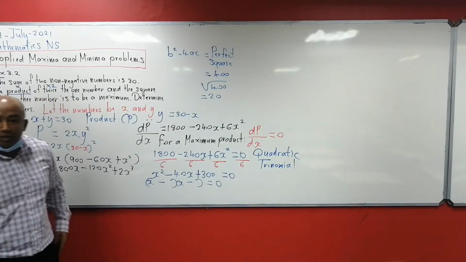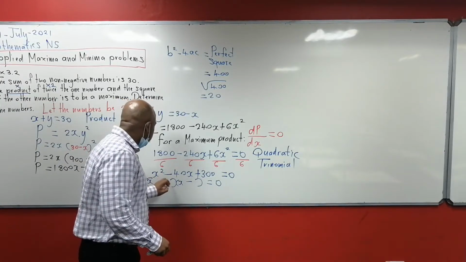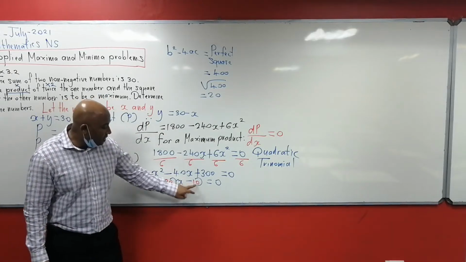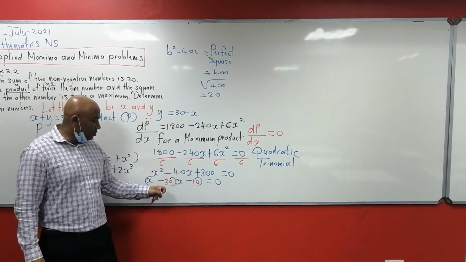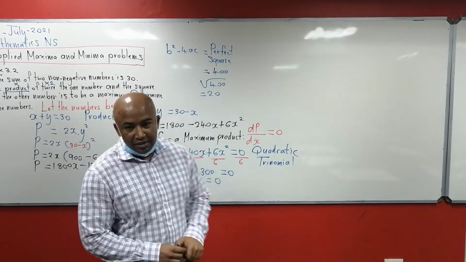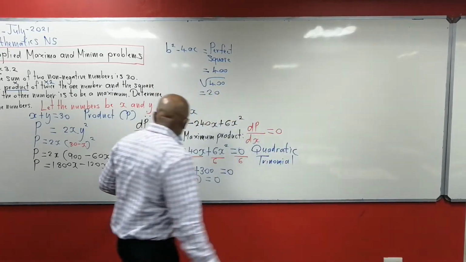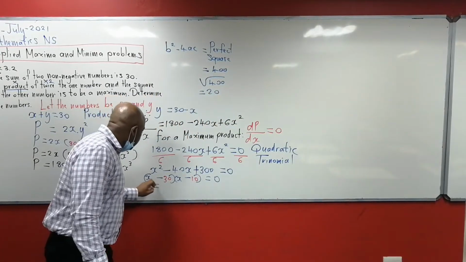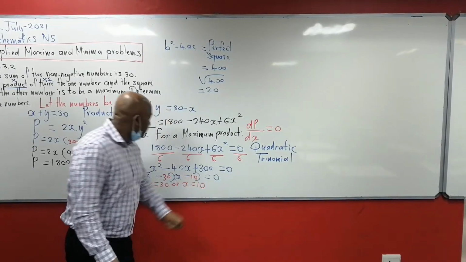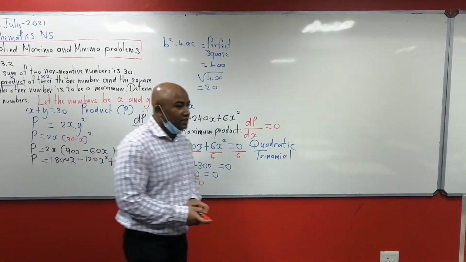Remember, you can use the quadratic formula. So now this will be minus 30 minus 10, because if you add minus 30 minus 10, you get minus 40. If you multiply negative times negative, you get a positive there. Alright, so now, what does that mean? It means that x is equal to 30 or x is equal to 10. Right, so now, there are two possibilities here.